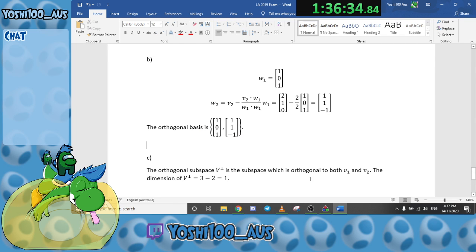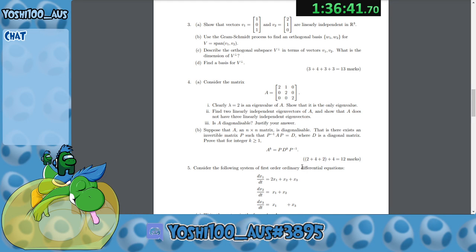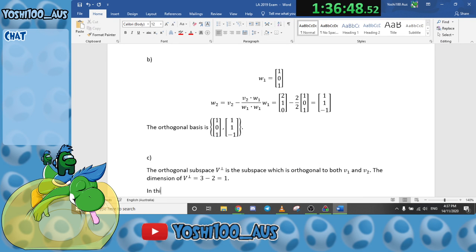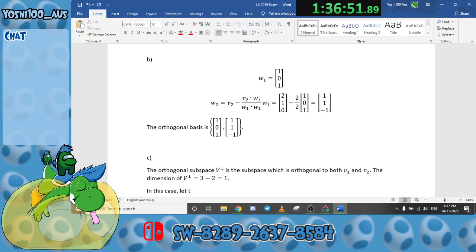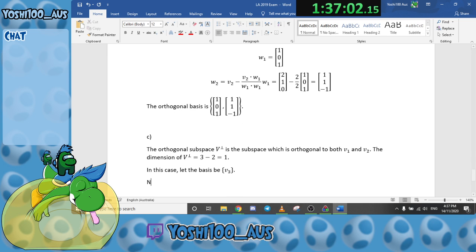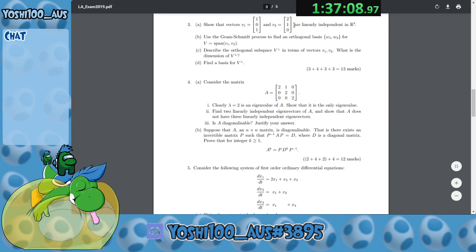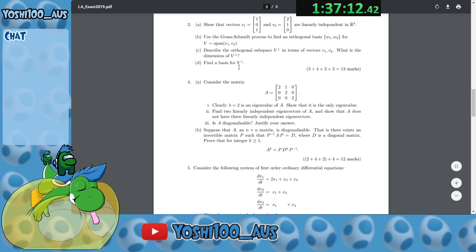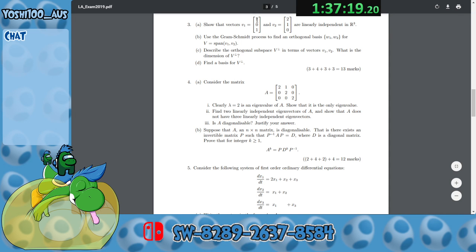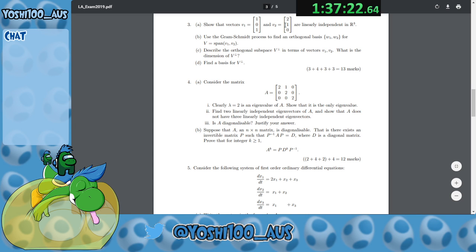Find a basis for this case. Let the basis be... we have this times v3 and this times v3 should, right?